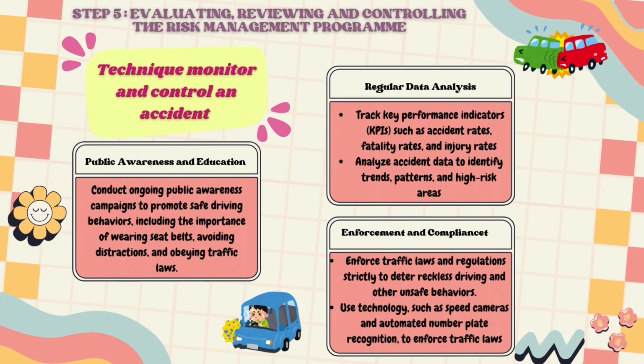The second one is regular data analysis, such as accident rates, fatality rates, and injury rates, to analyze and identify their trends, patterns, and high-risk areas. The last one is enforcement and compliance, targeting reckless driving and other unsafe behavior. Use technology such as speed cameras and automated number plate recognition to enforce traffic law.